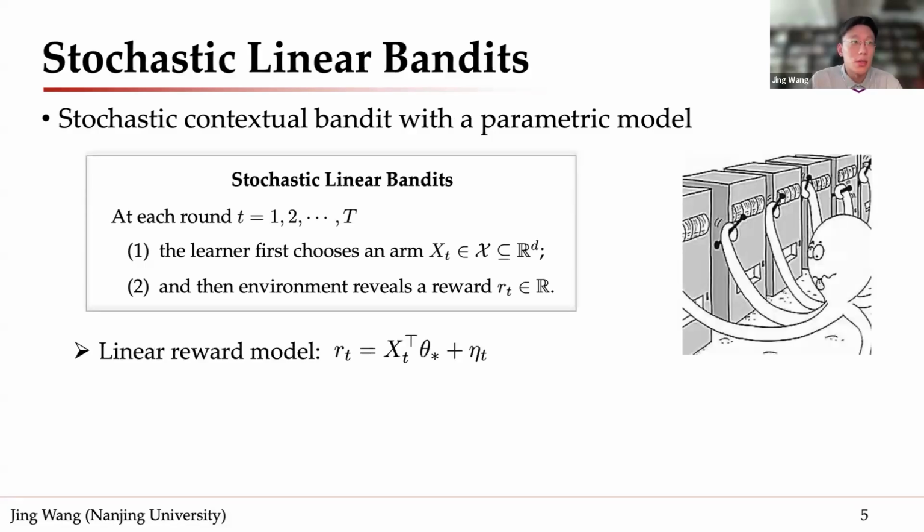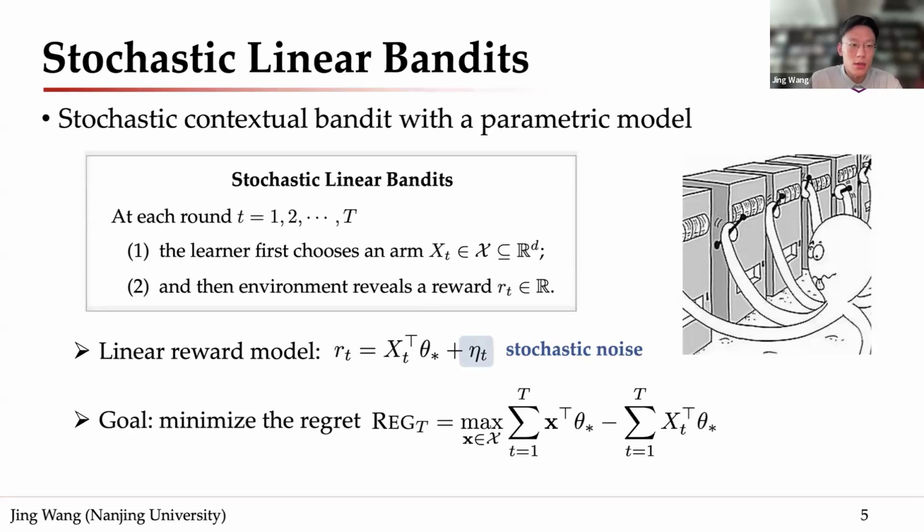Here we assume the linear reward model, which means the reward r_t is equal to the inner product of arm x_t and an unknown vector theta star, plus a noise eta_t. Here theta star represents the underlying preference of the environment, and eta_t is the stochastic noise.